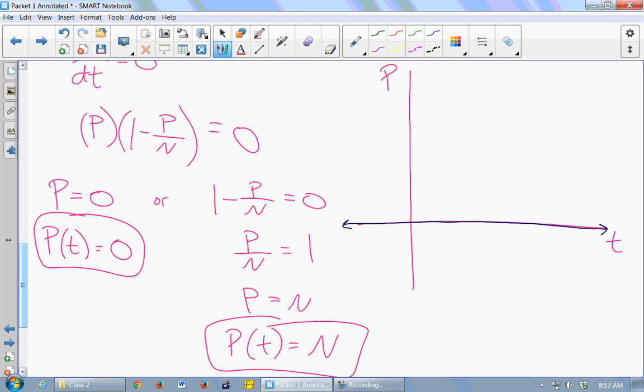My other equilibrium solution is at some carrying capacity n. So what do you think happens if you start with some positive number, some number of members of the population? What do you think happens to the population if you started with, say, 5 members?